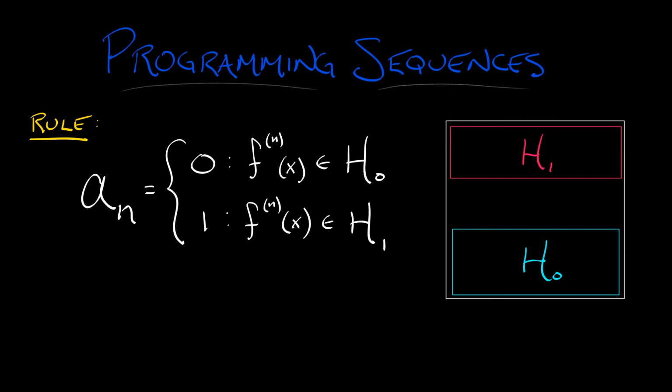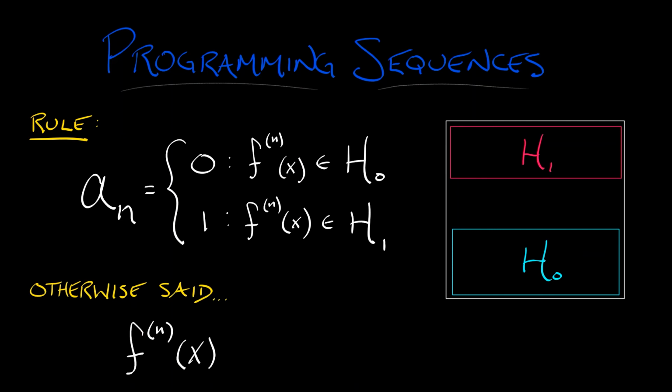Now, this might look a little complicated. It's really rather simple. You could compress all this to rephrase it as saying the nth iterate of x under the map F lies in the strip H whose subscript is the nth digit. So it's H sub a sub n. Now, that's a little complicated to say, but to write it out, it's really compact.